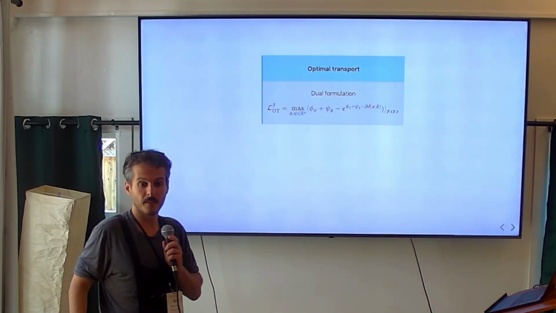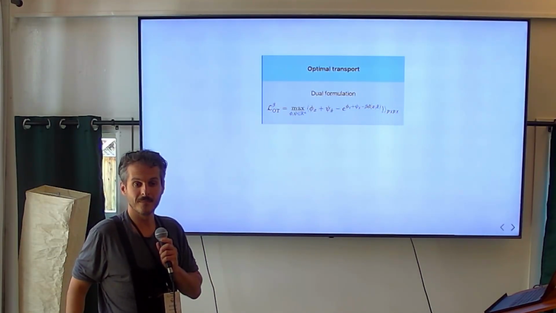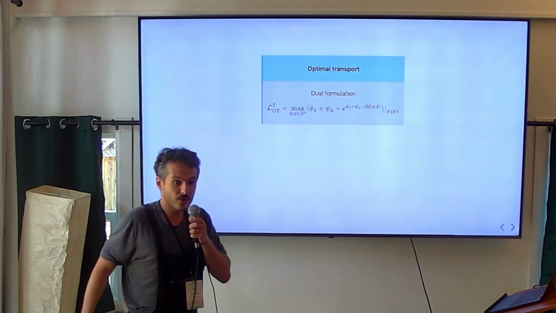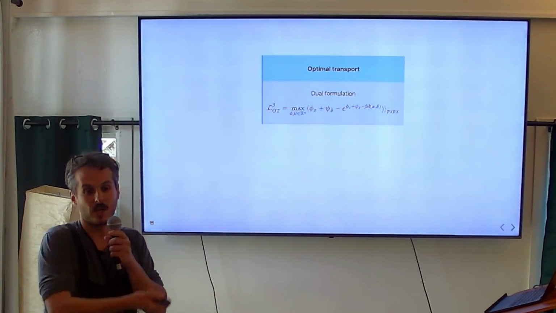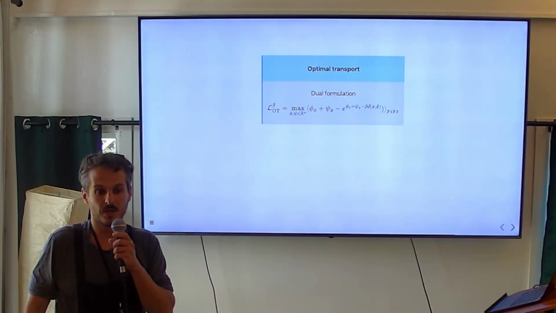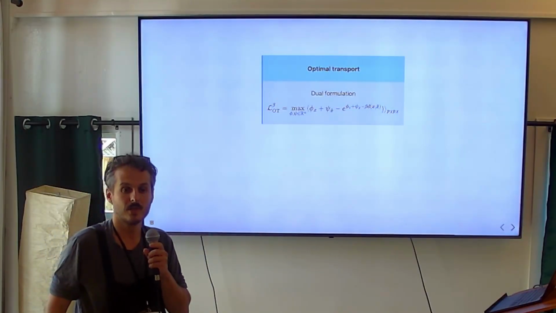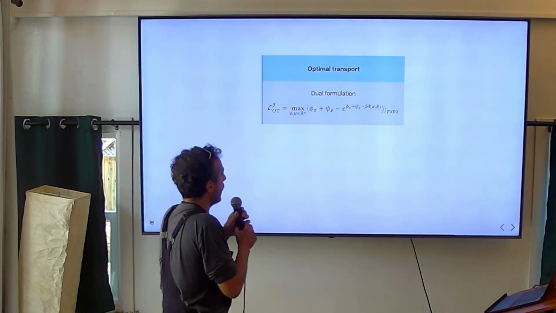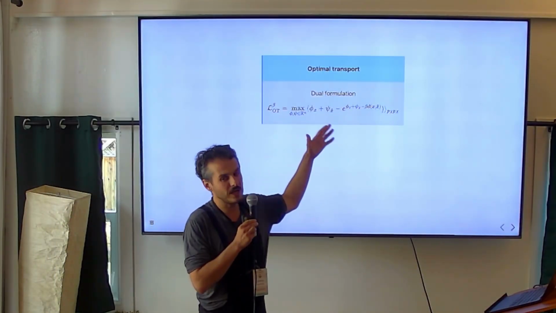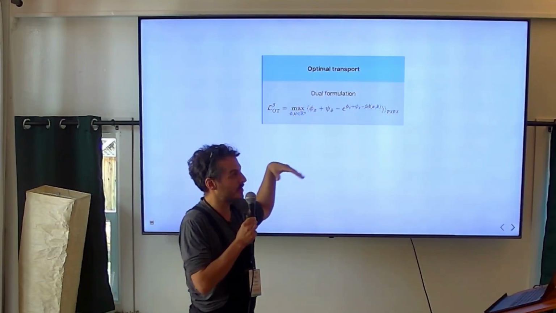So here this cost function D is arbitrary? In general it's arbitrary, and in our case it's the Kullback-Leibler divergence. Many versions of optimal transport have this really nice dual formulation.